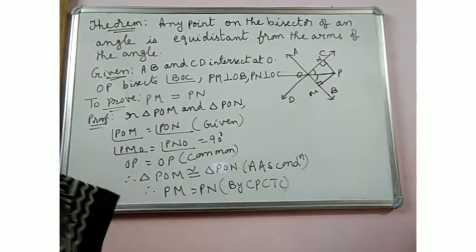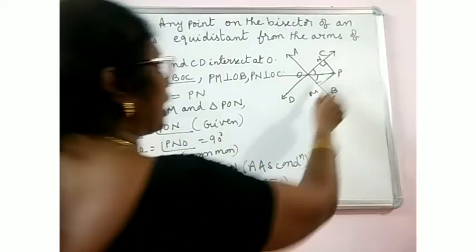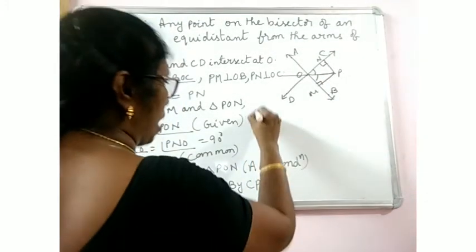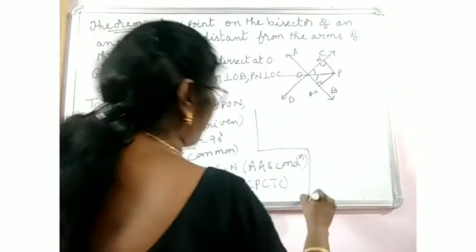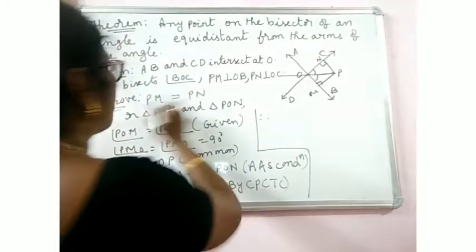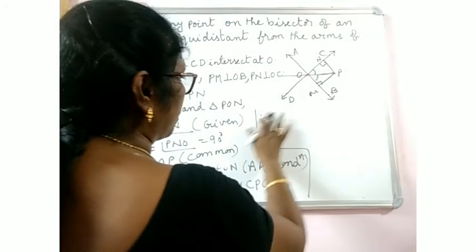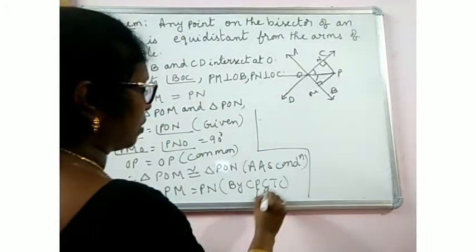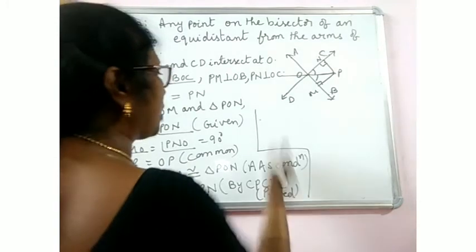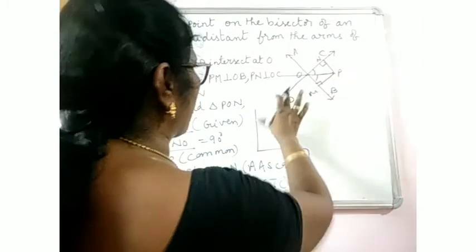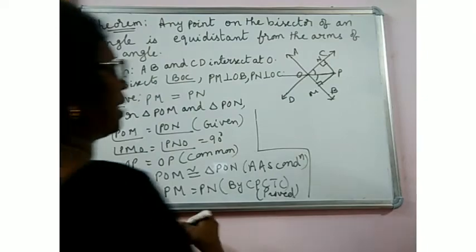PM is equal to PN means they are equidistant from the two arms of the angle. Therefore it is proved, or P is equidistant from OB and OC, you can write.